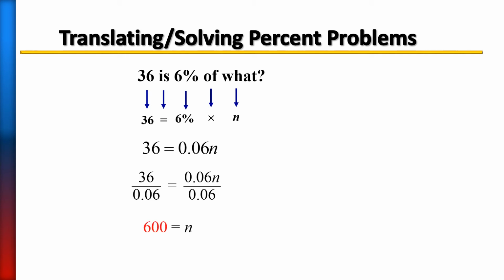And what we get is 600. So 36 is 6% of 600. There you have it, using the translation method.